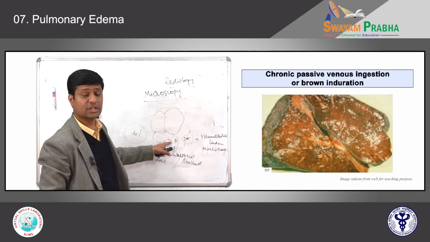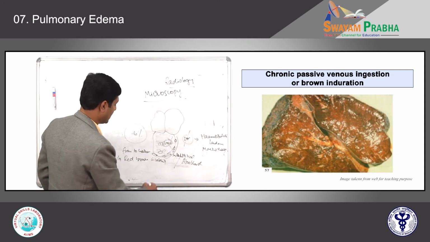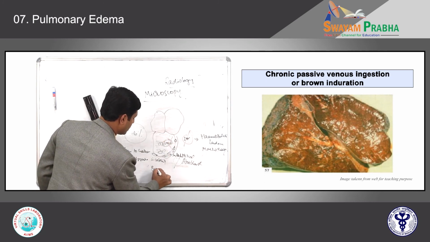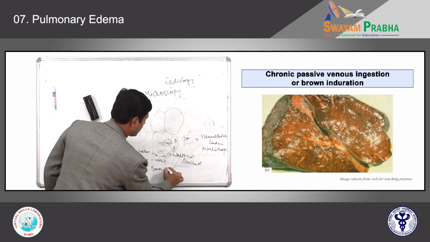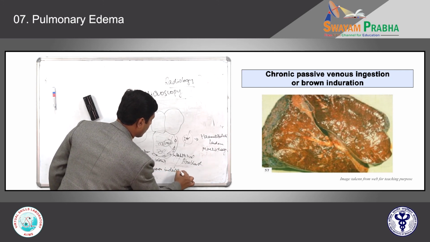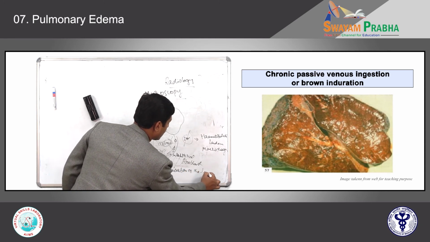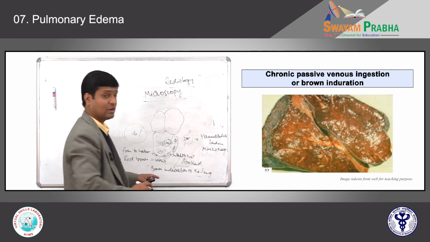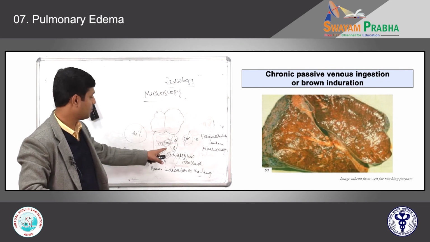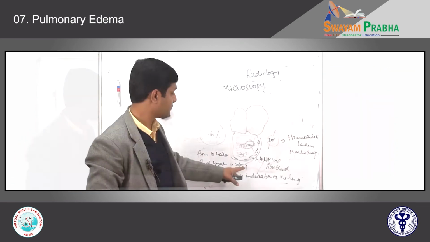Hence, this stage we call brown induration of the lung. All of you should remember this: in the chronic stage, it becomes brown induration of the lung.